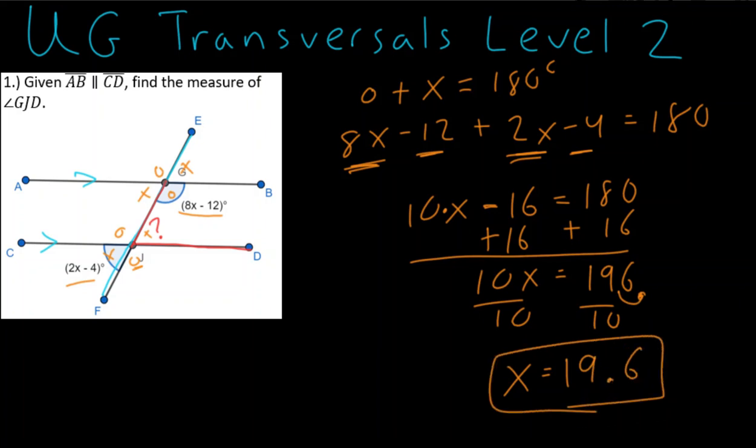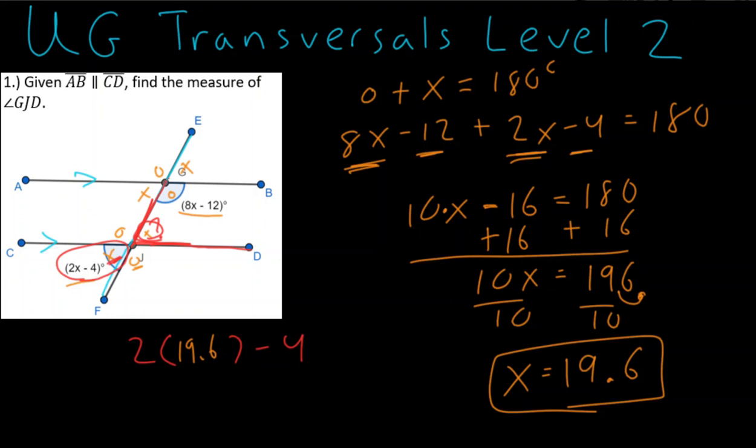Now here a lot of students would stop, but that would be incorrect. Because remember, we're actually looking for this angle over here, GJD. And so in order to do that, we have to find the expression that is represented by an x, which is this 2x minus 4. See how we have the x right there? And so we can say, hey, you know what, 2x minus 4, where our x value is, of course, that 19.6. And I would recommend a calculator for multiplying your decimals here.